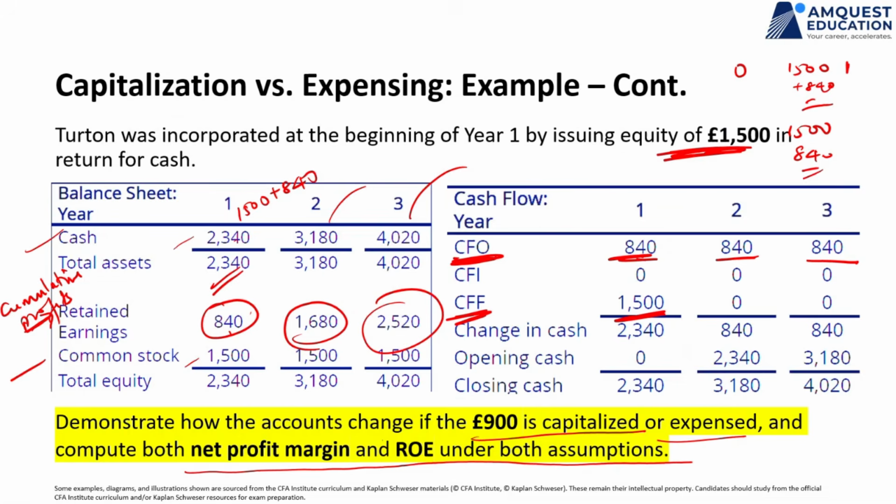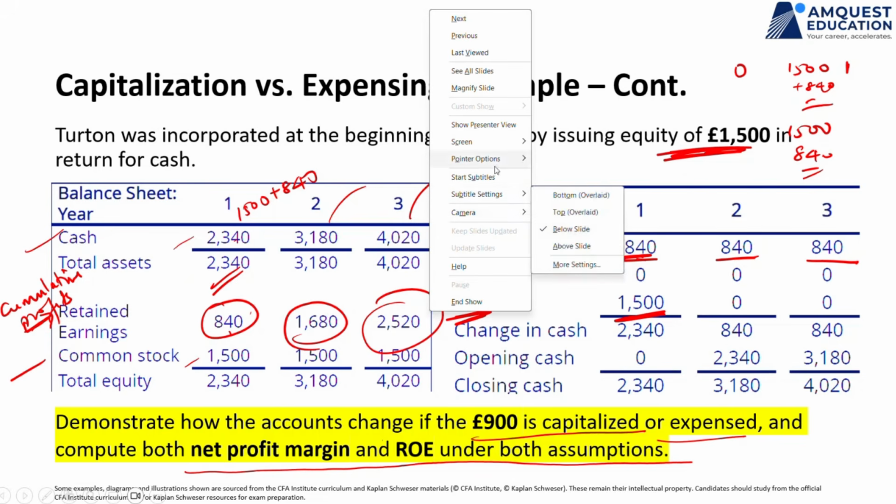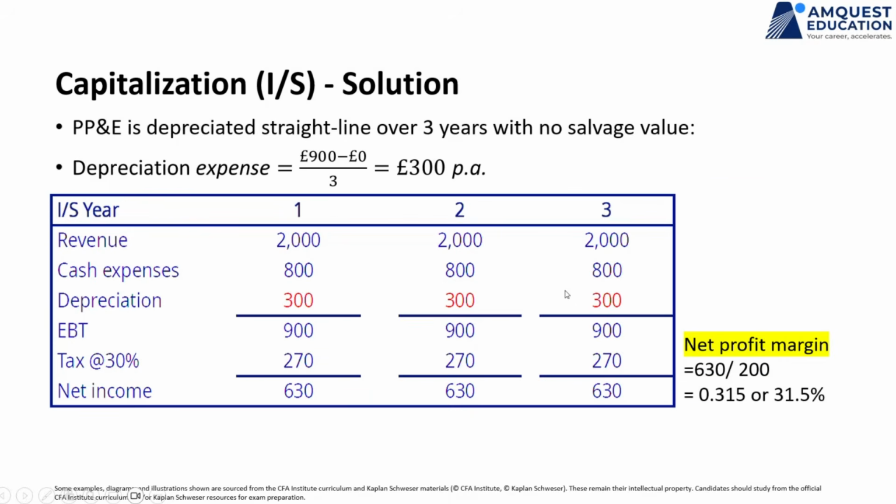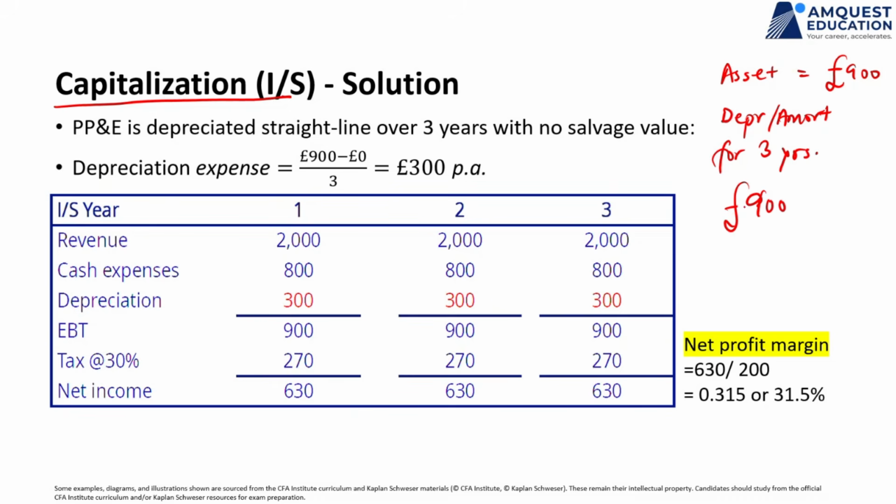Okay. So see, it all starts from this table. Now first is capitalization. If we say capitalization, we are creating an asset on the balance sheet worth 900 pounds, which will be depreciated or amortized, you can call it whatever you want, for 3 years, which means 900 pounds will be divided by 3 and 300 pounds will be recognized as depreciation in my profit and loss every year.